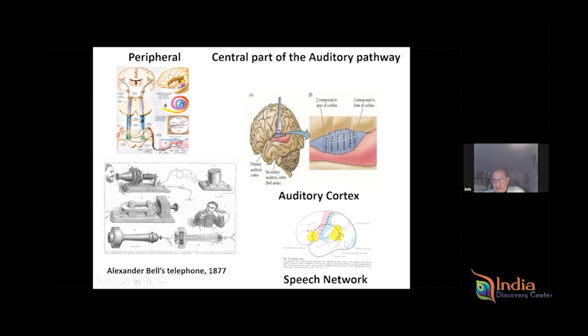And then here we see the so-called speech network.